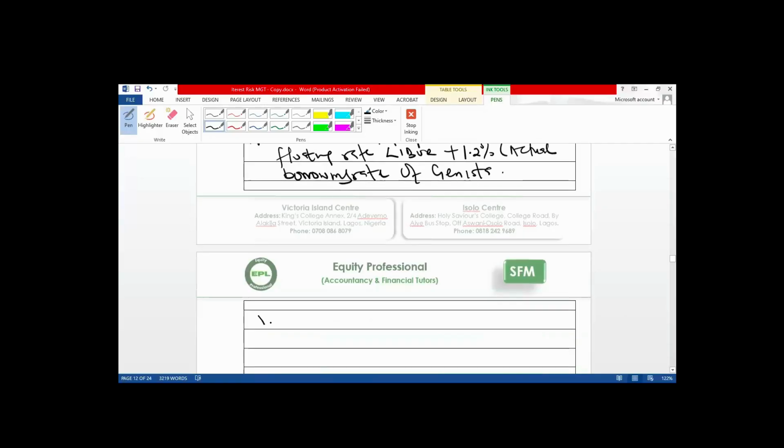Then number five, now there's a bank fee. The bank fee will be deducted from Magda.